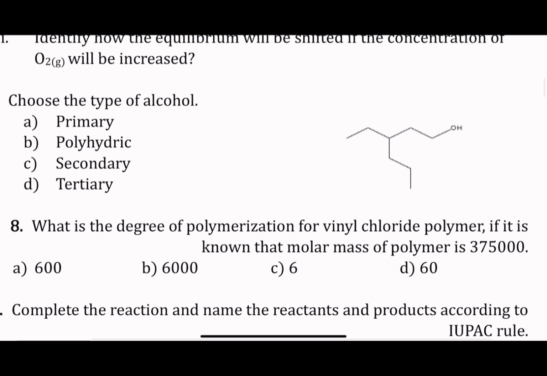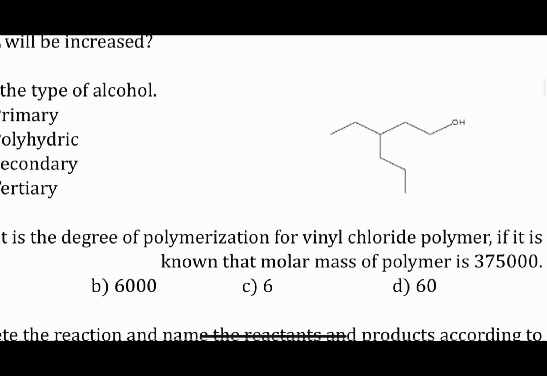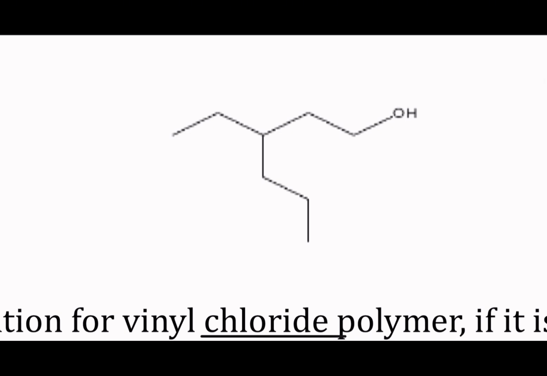In here it's asking choose the type of alcohol. Now first of all, guys, you need to really do well on the line diagrams, because in this exam you will be asked lots of questions about line diagrams. If you're not comfortable with it, you have to get it. So practice it before the exam so you get it.